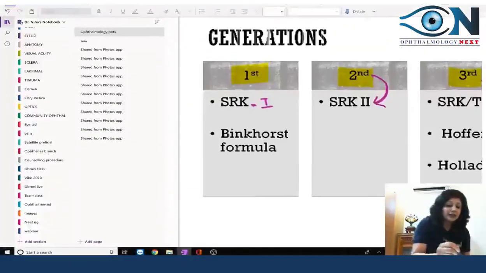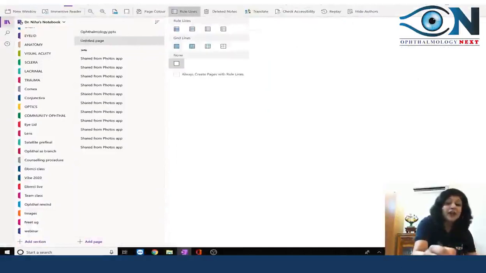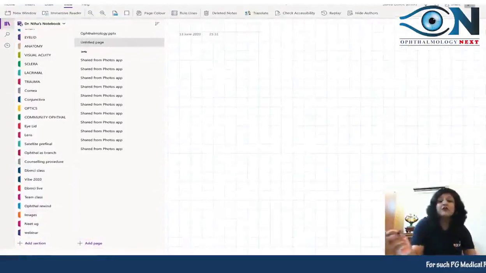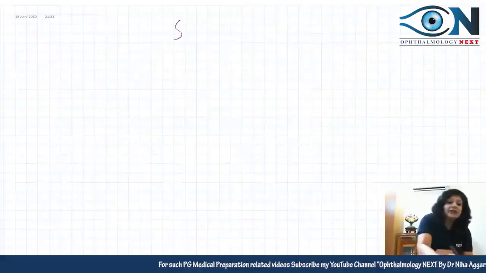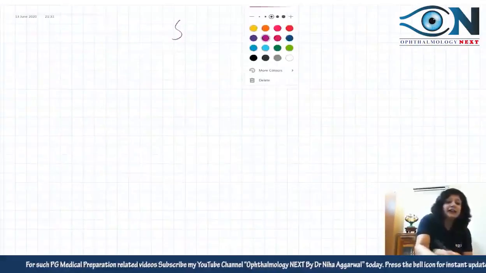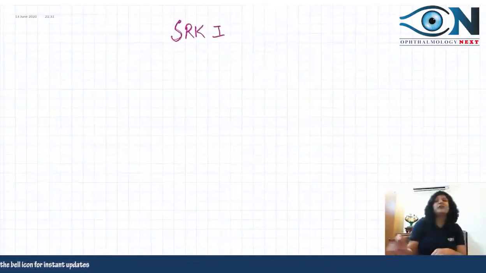Now I will tell you what is the concept behind it and why we require different formulas for the calculation of the power. Now let us start with the very basic, that is your SRK1 formula. Usually we are concerned with this formula only.